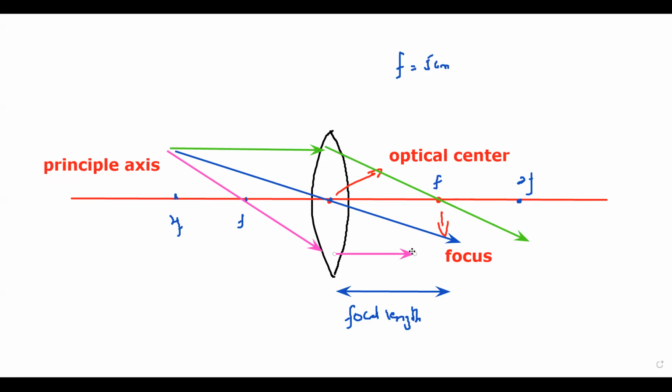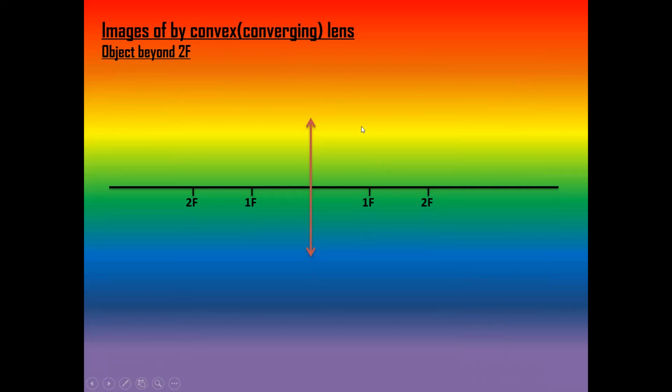We have already discussed this part. It's a quick revision, that's why I just repeat this. In the last session we have already discussed, but for a better understanding, I will just repeat how the image is formed. So for example, if you want to show how an image is formed, if the object is beyond 2F, after 2F, this F and 2F is always done with a measurement.